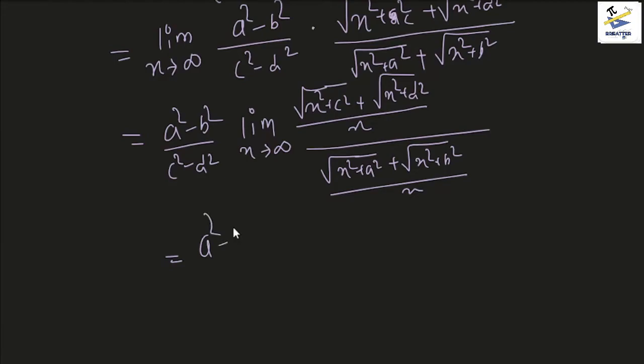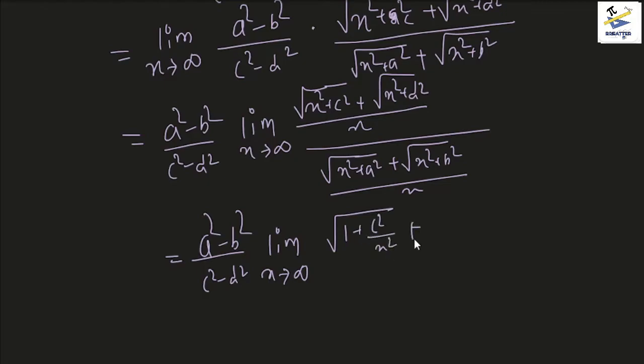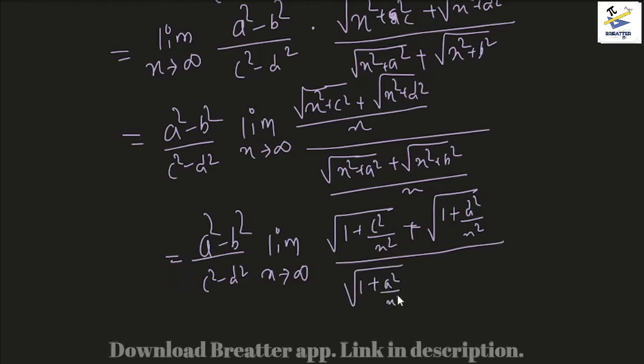So the limit becomes a square minus b square by c square minus d square, limit x tends to infinity. Numerator becomes root over of 1 plus c square by x square plus root over 1 plus d square by x square divided by root over 1 plus a square by x square plus root over 1 plus b square by x square.